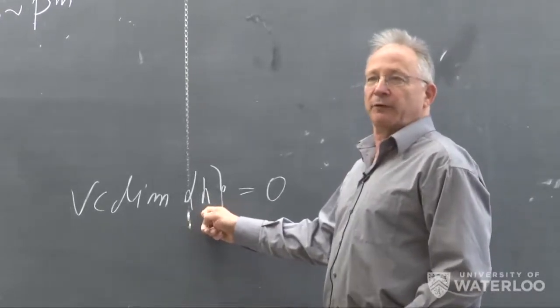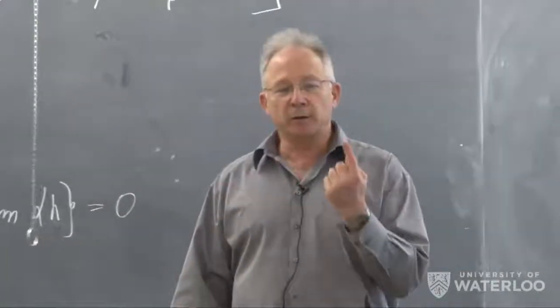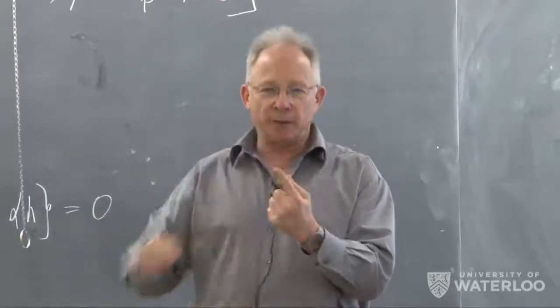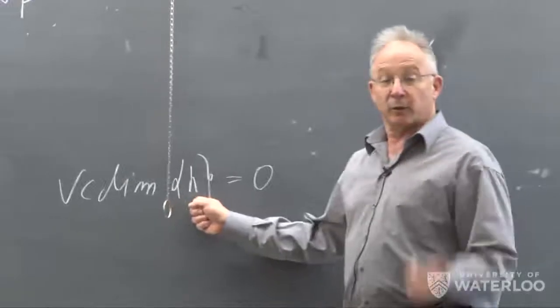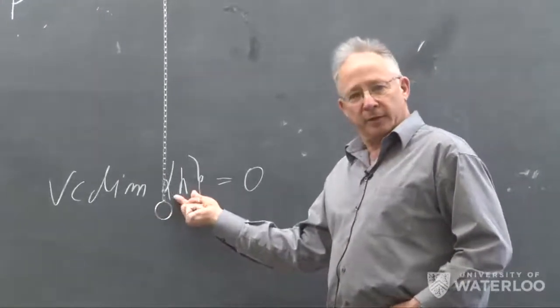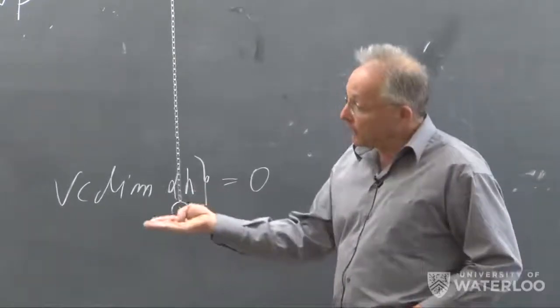Because I have only one function, so this function cannot even shatter one point. In order to shatter one point, I need to have one function that will give it 0 and one function that will give it 1. And if I have only one function in my class, it cannot even shatter one point. So I cannot talk about the VC dimension of a particular h. I have to talk about the VC dimension of a class. And here I don't have a class.